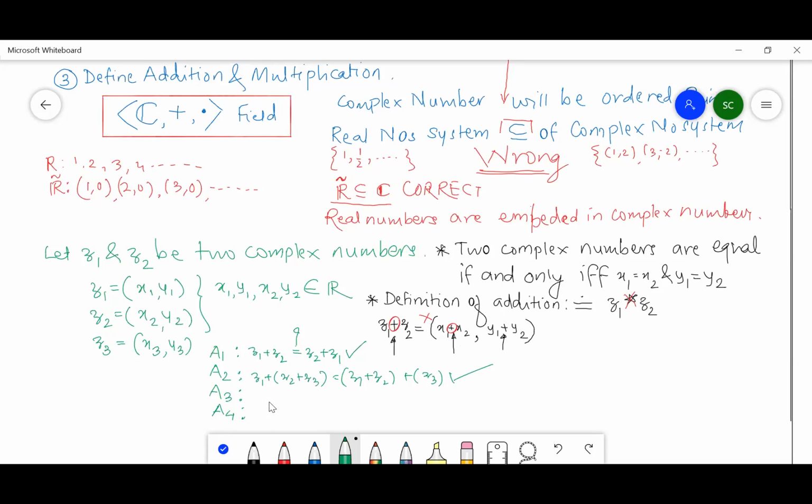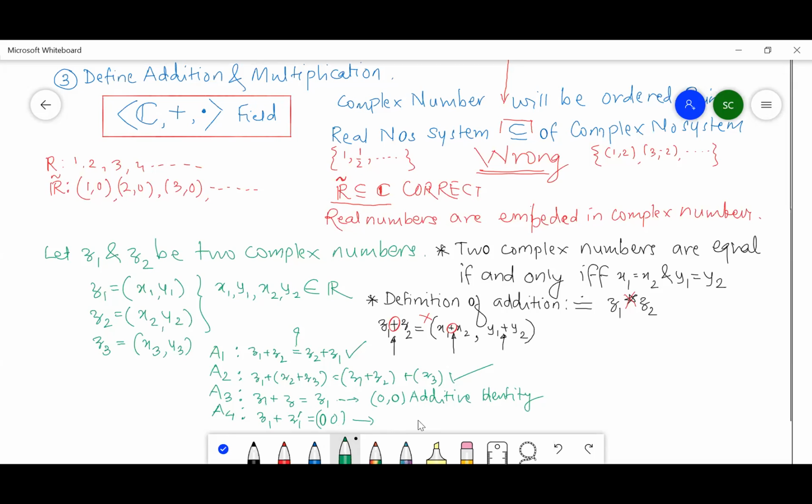Now, A3 says additive identity. So you want to have Z1 plus additive identity, say Z, such that you end up getting Z1. So if you use the definition of addition now, you will come out with 0, 0 as your additive identity. And as far as additive inverse is concerned, you take Z1 plus Z1 dash and you should get additive identity, which is 0, 0.